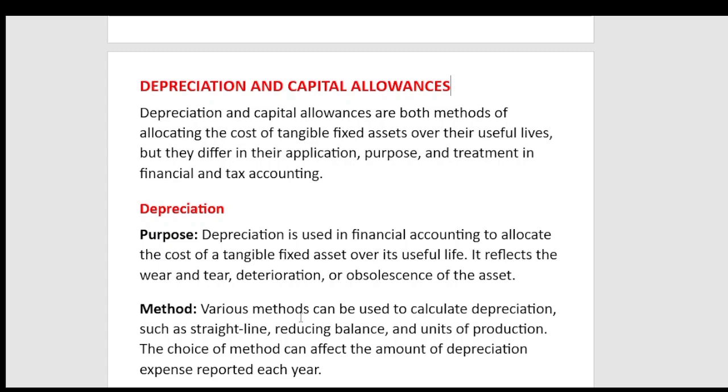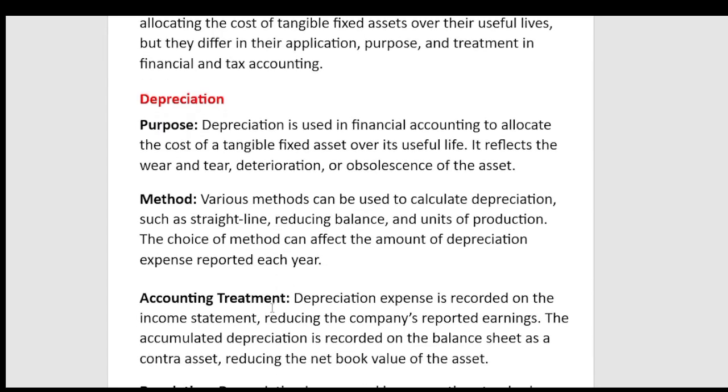Now let's move down to the accounting treatment. Depreciation expense is recorded on the income statement. Like I said earlier, when you get an asset for 100 naira, you depreciate it by 20 naira.